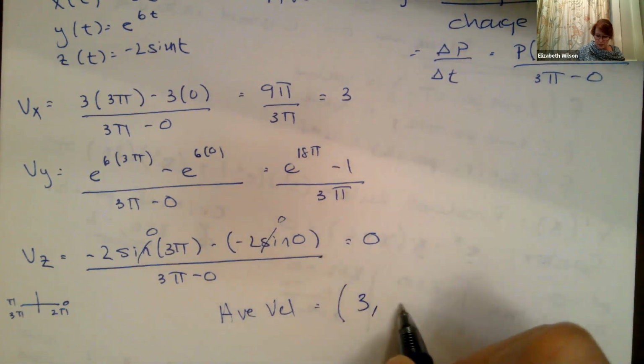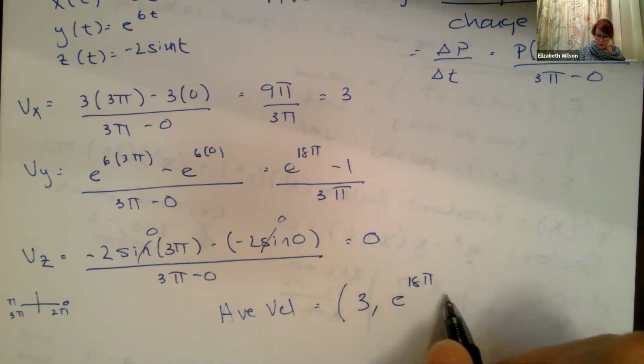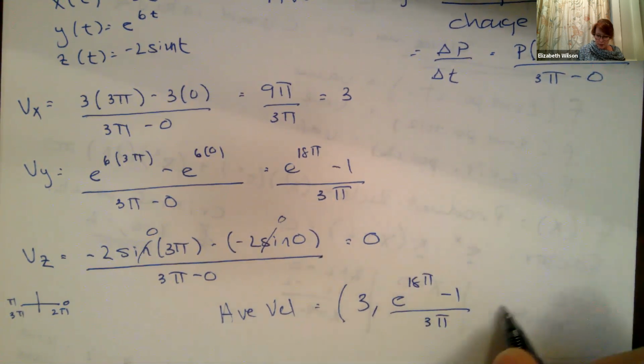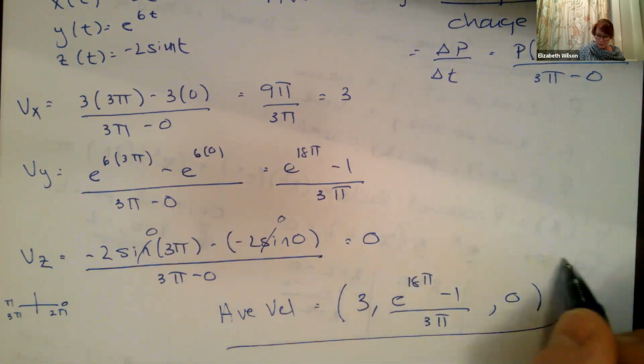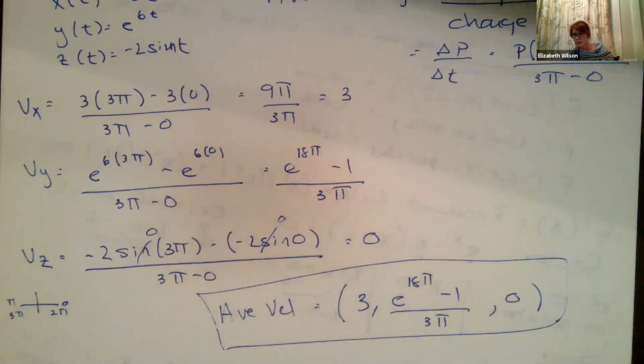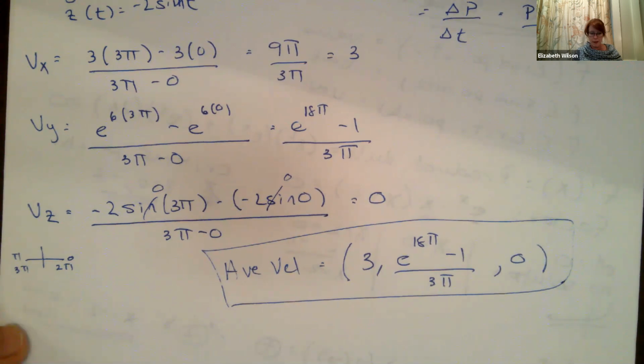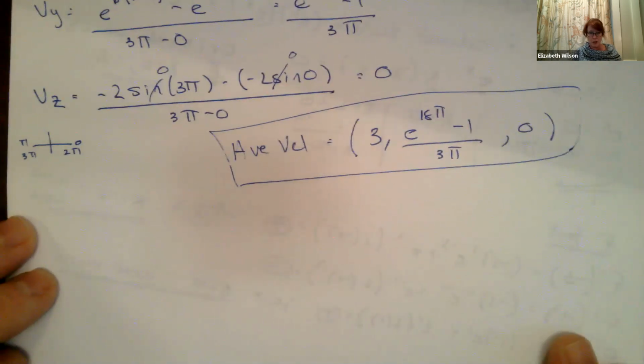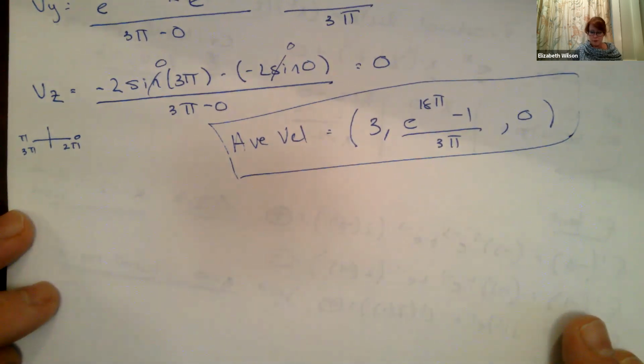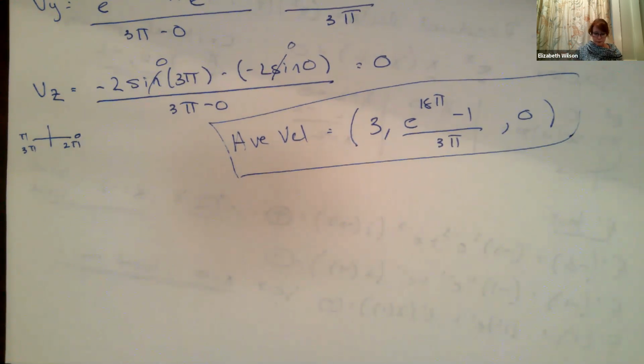So 3, e to the 18 pi minus 1 all over 3 pi, and 0, our average velocity. Be careful, don't take the derivative and then divide it by the time, right? We're taking the change in position over the change in time from those 2 time points, okay?